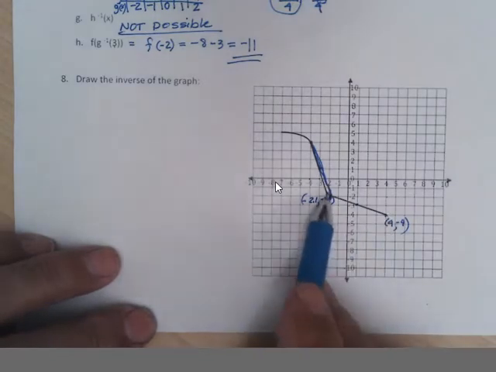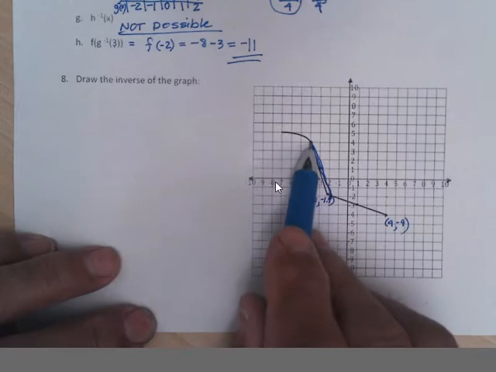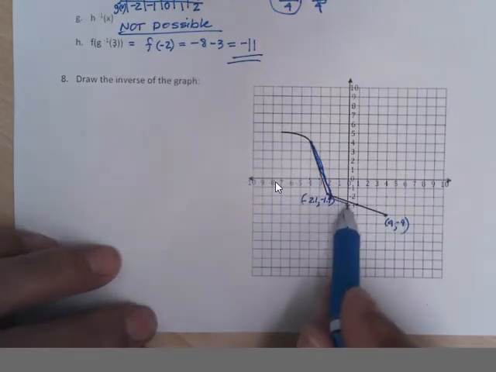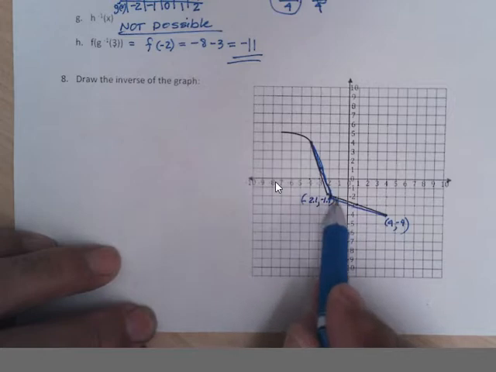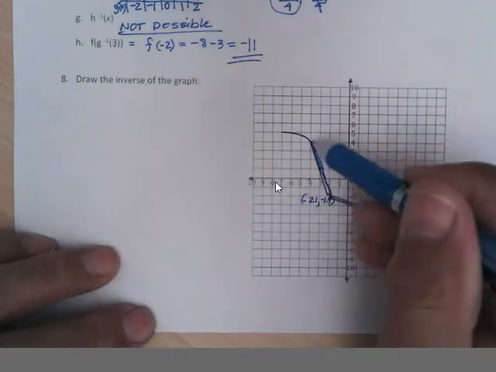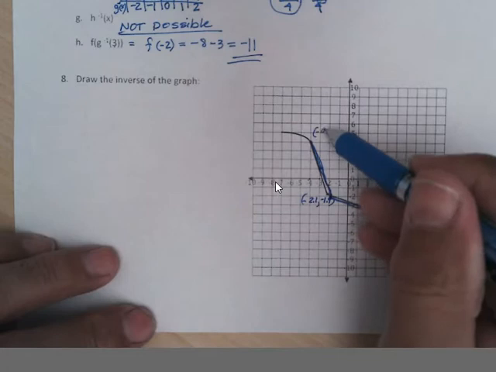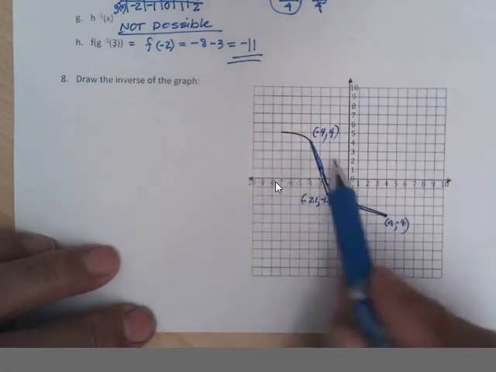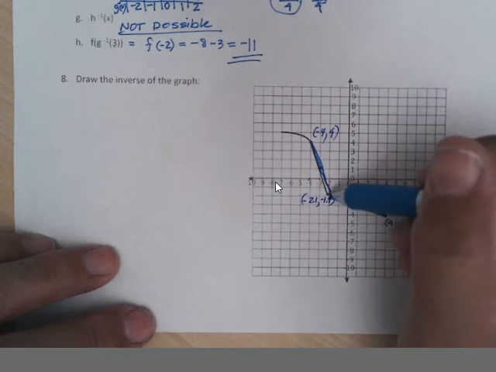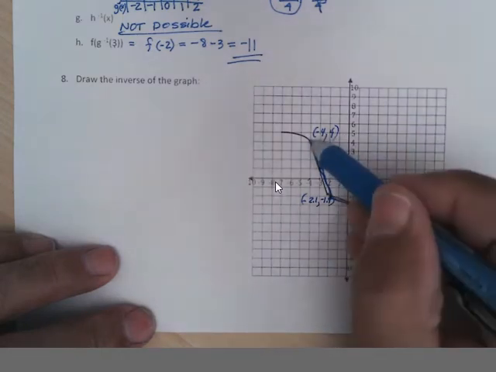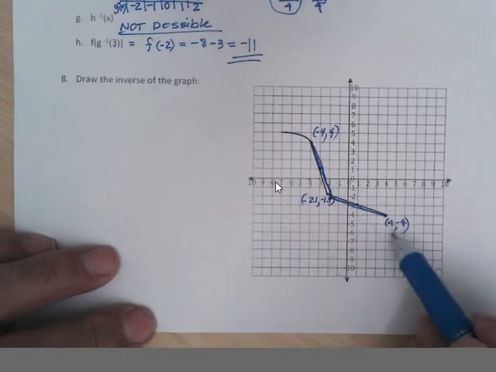So this ends up there. Now where does this end up? Well, that point would end up over here, so it's going to go like that. Because this point was -4, 4. So it's going to go to 4, -4. So this shape goes to here, and this curl is going to come off of this somehow.